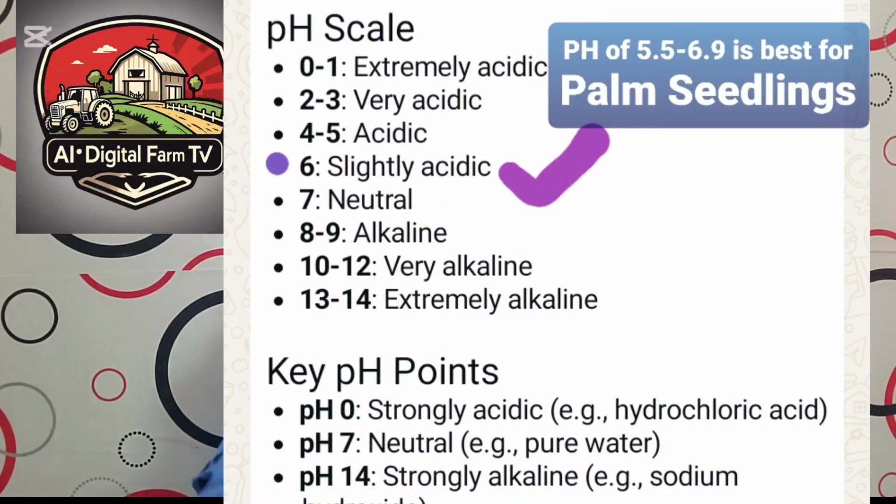As a farmer, if you are able to restructure your soil to get this range of 5.5 to 6.9 on the acidic scale, the soil will be able to release the necessary nutrients, like we have mentioned, nitrogen, carbon, potassium, release them in the right proportion for the healthy development of the plants.